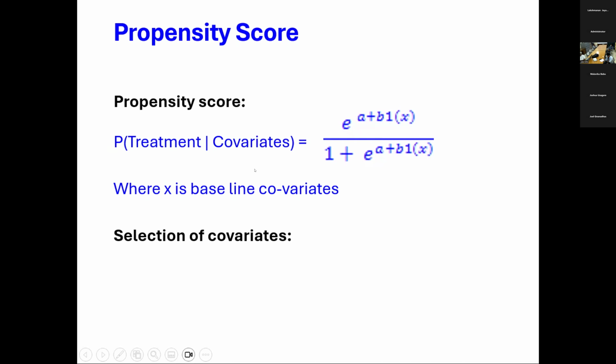In logistic regression analysis, usually we take the outcome as the dependent variable, but here we take the treatment as the dependent variable to generate this score, the propensity score. So the probability of getting the new treatment, the new intervention, given the covariates, is generated. You can save the probabilities and store them. That is the most important part in this analysis.